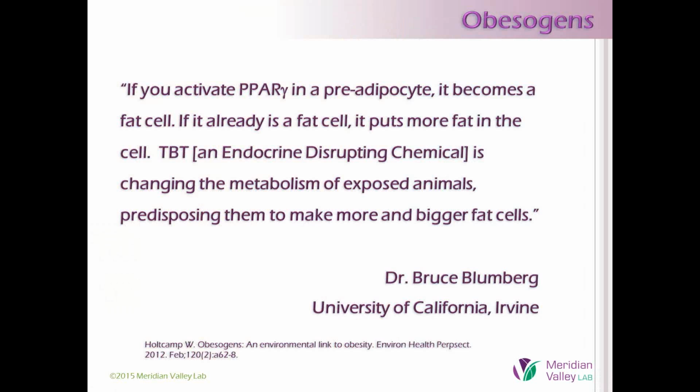One of the genes that many of us have in the wild type, so to speak, is PPAR gamma. And PPAR gamma predisposes people toward diabetes. And certain endocrine disruptors can activate PPAR gamma and create a situation where we're making bigger and more numerous fat cells.